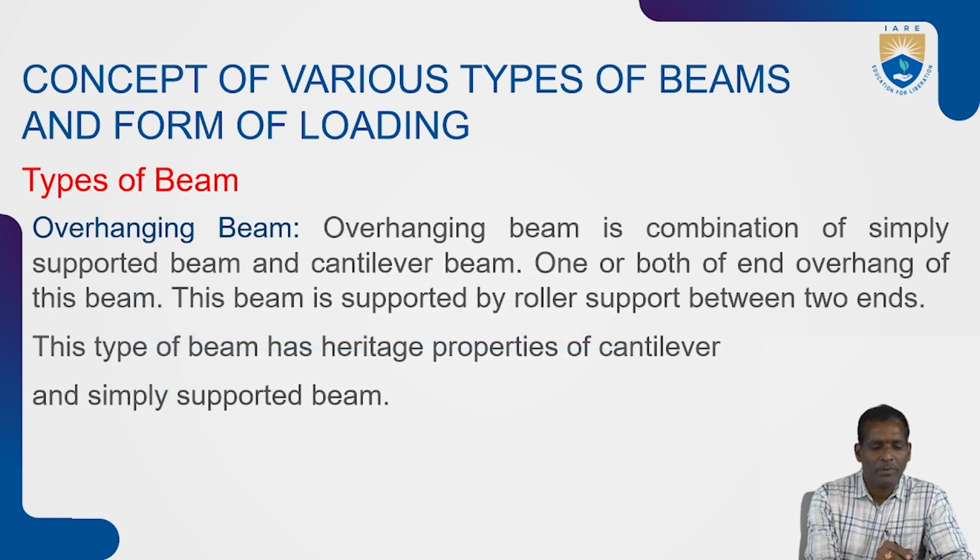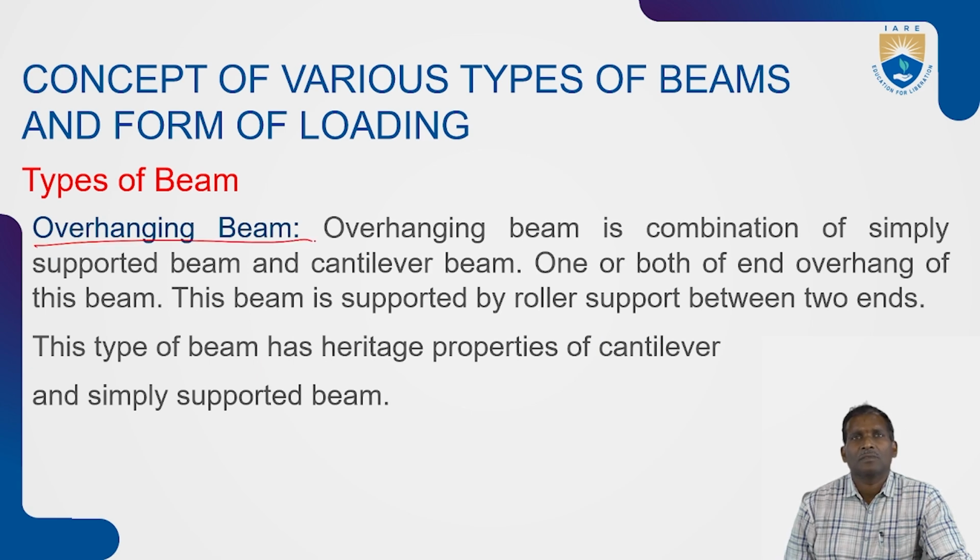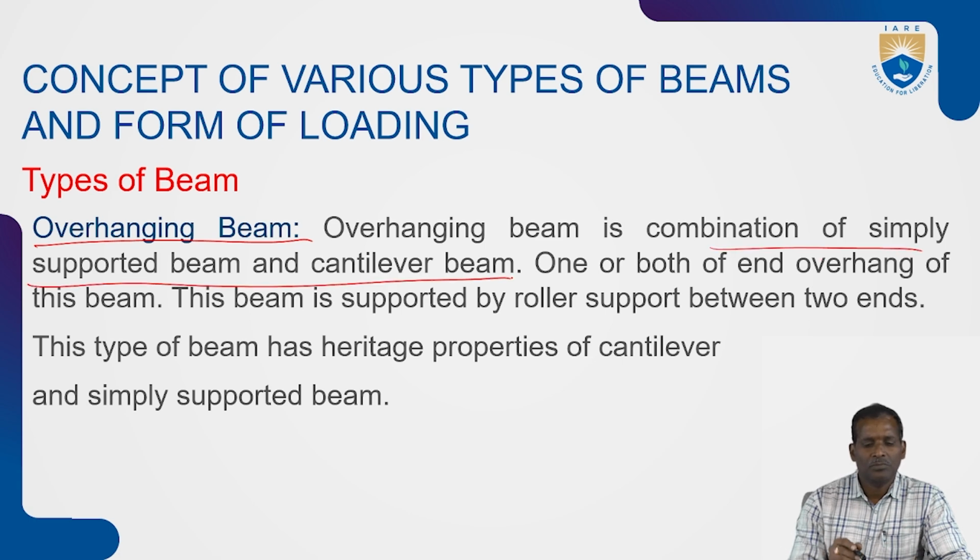Next, overhanging beam. The overhanging beam is a combination of simply supported beam and cantilever beam, the combination of these two. Simply supported beam we have already seen in the first slide: both ends are supported. In cantilever beam also we have seen.